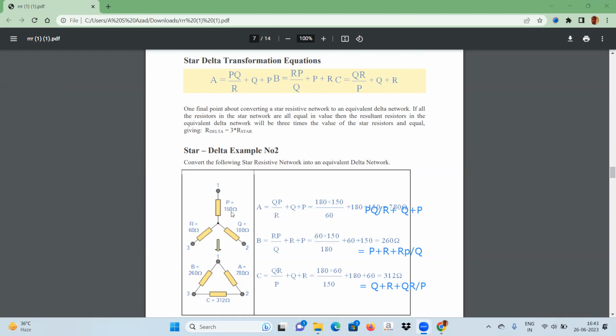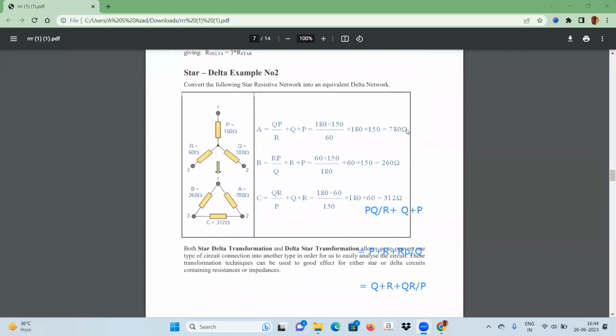So 150 into 180 divided by 60, plus Q plus P, 180 plus 150. And you can calculate here, then the component will be like this, 680.